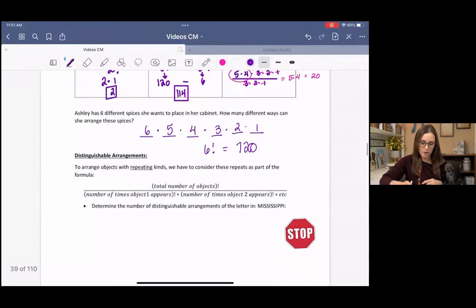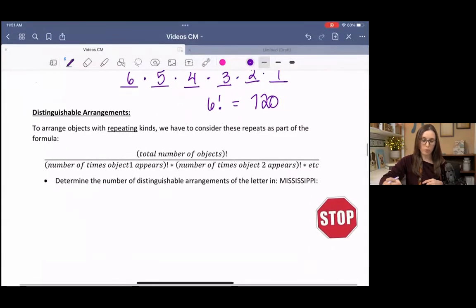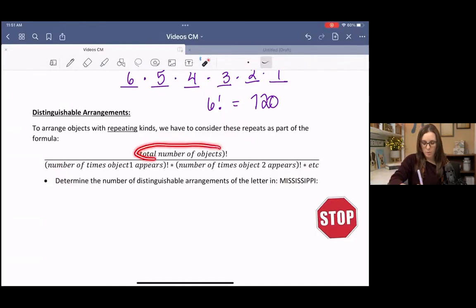Last example here, arranging objects with repeating kinds. We have this little formula here that you're going to use if there's repeating parts or repeating kinds, like I said here. You take the total number of objects, factorial, divided by the number of times that each object repeats, factorial.